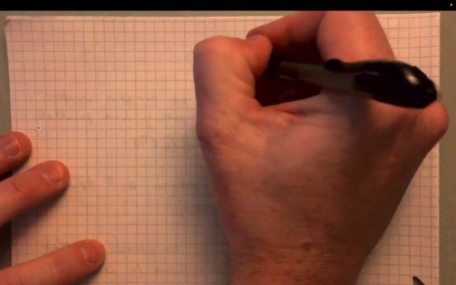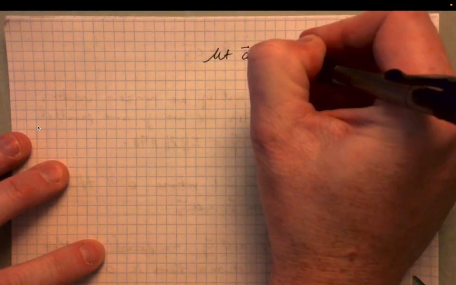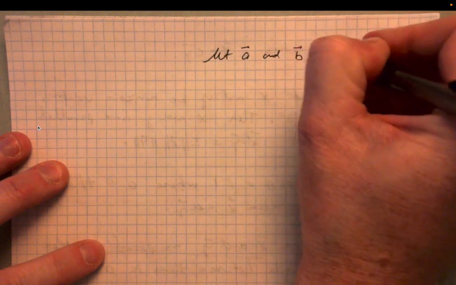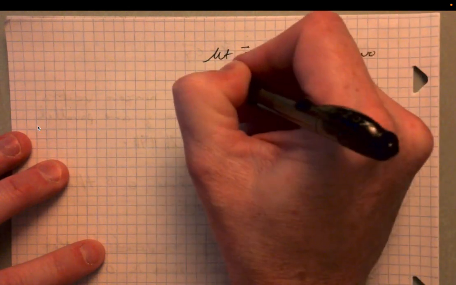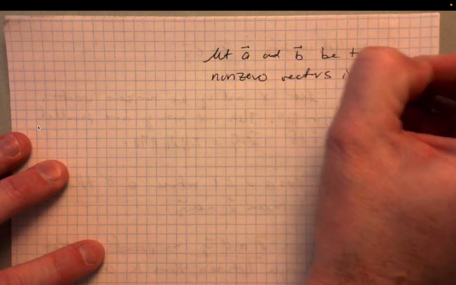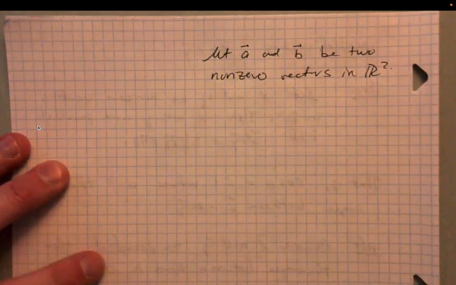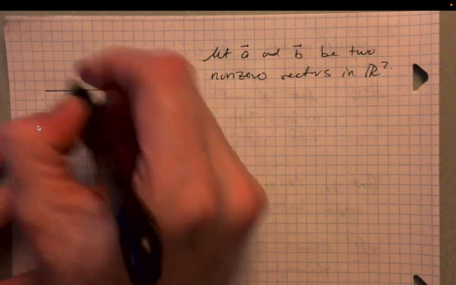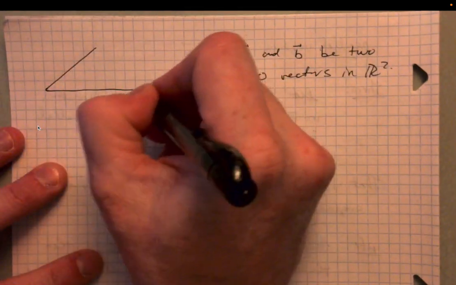So let A and B be two non-zero vectors in R2. We'll start here. So let's say I've got two vectors.